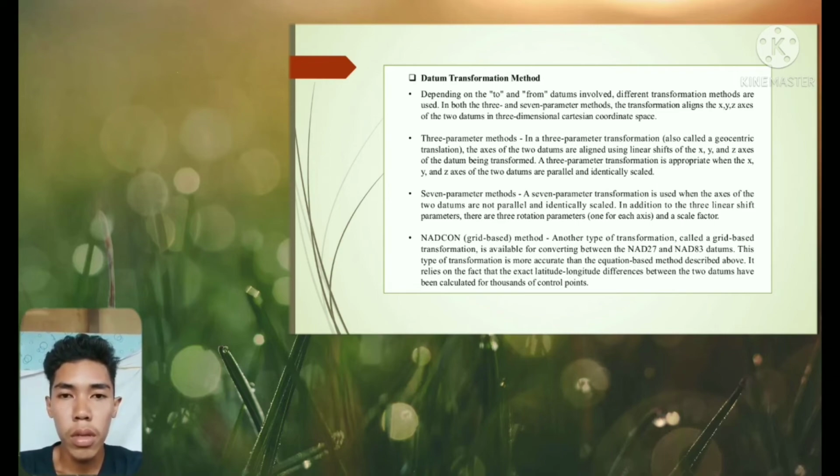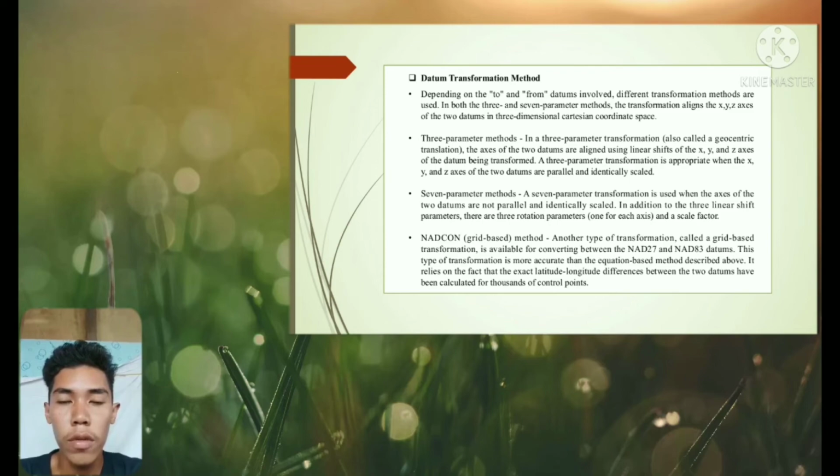In both the 3 and 7 parameter methods, the transformation aligns the x, y, and z axes of the two datums in the three-dimensional Cartesian coordinate space. The 3-parameter method is also called a geocentric translation. The axes of the two datums are aligned using the linear shift of the x, y, and z axes of the datum being transformed.